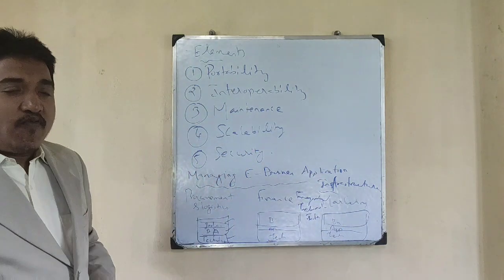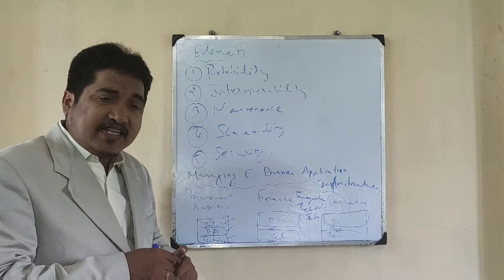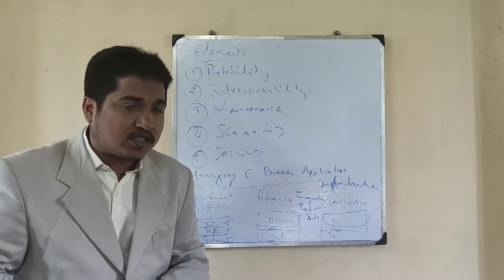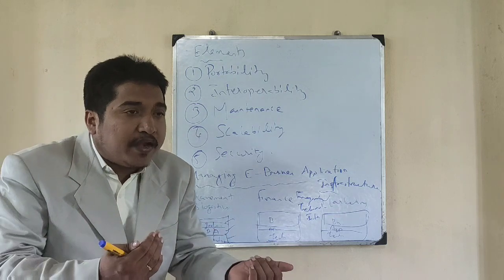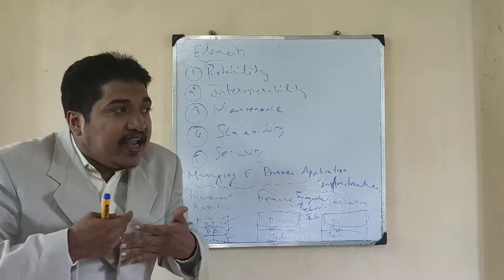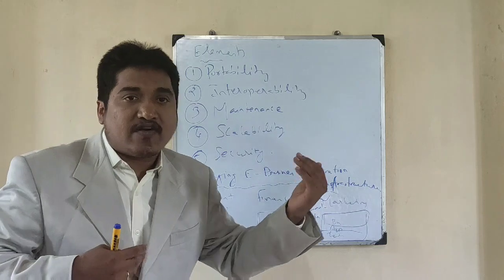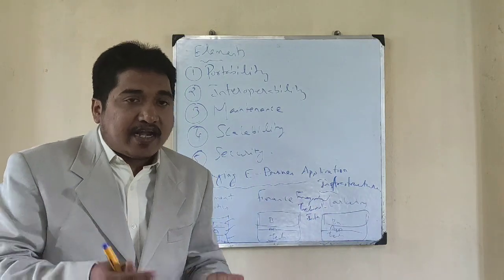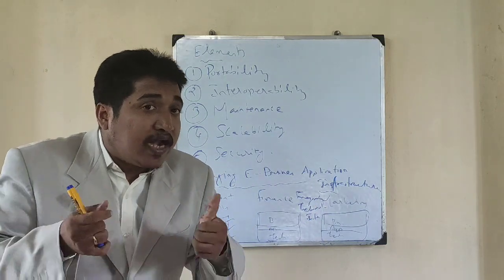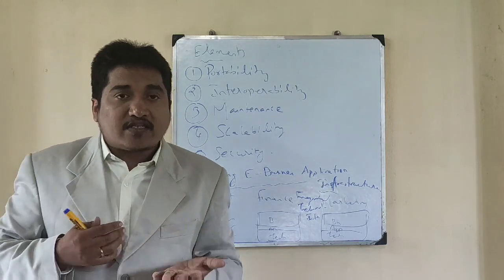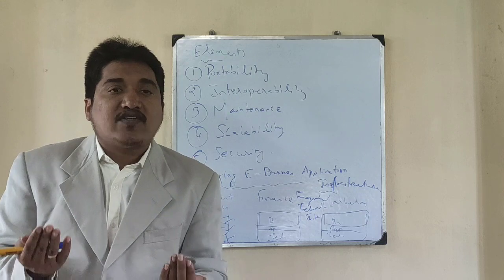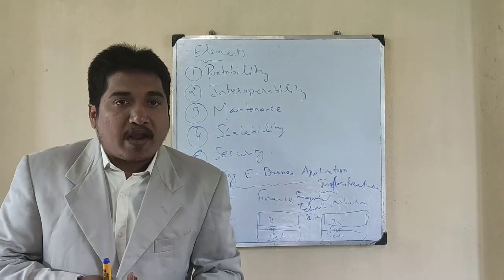Let me give one more example. Suppose a customer comes to the company and orders a product: I need this mobile phone, Redmi Note 7 Pro. The sales and marketing people analyze and say, sir, at this time we don't have stock of that particular mobile phone.